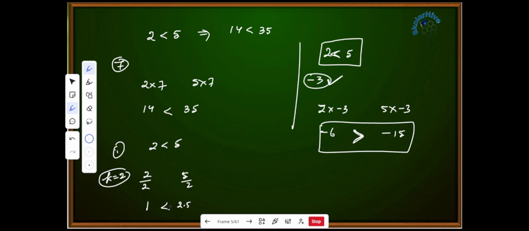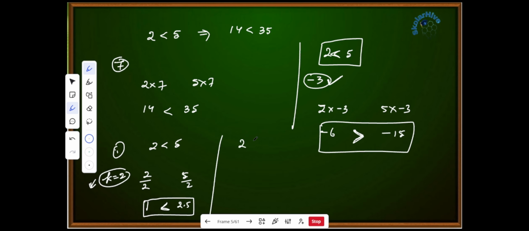Here 2.5 is greater than 1. So by dividing either side of the inequality by a positive number, we got the result without interchanging the sign of the inequality. Means if you divide by a positive number on either side of the inequality, it does not alter the sign of the inequality.